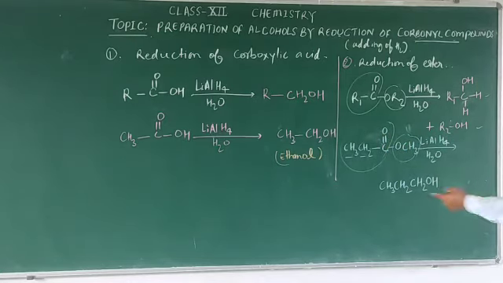Then CH3 CH2 CH2 OH, this is the first compound we will get, and the second one we will get CH3 O, and adding 1 hydrogen we will get OH here. So CH3 OH, so we will get 2 alcohols here.